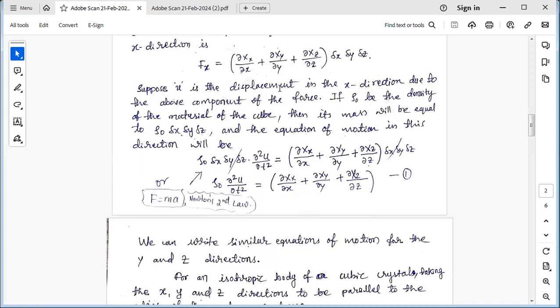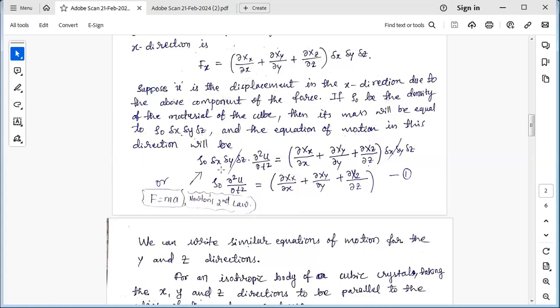Actually, this is the LHS of this force equation, and this is the RHS of the force equation. The RHS is written as it is, but this force Fx is written in some other form. That is according to Newton's second law, F is equal to ma, we have written for this force Fx.